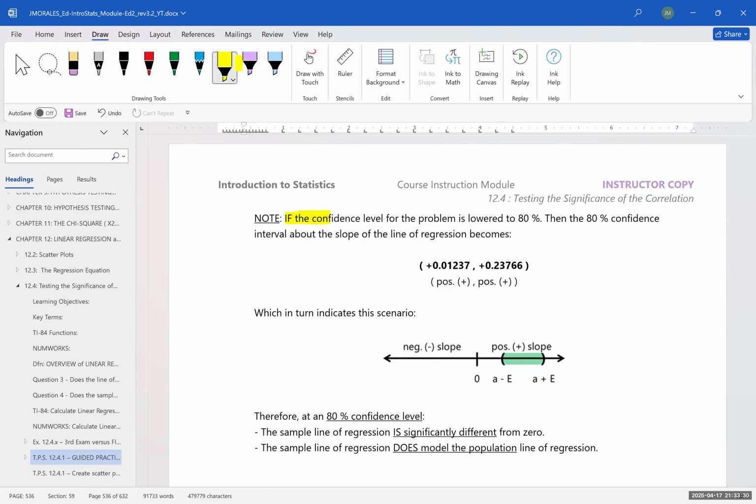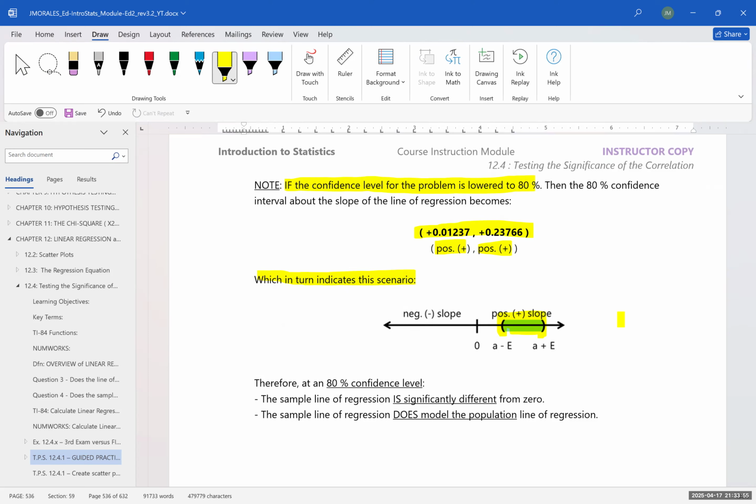Note, if the confidence level of the problem is lowered to 80%, then this is the confidence interval we get. And notice that both the lower bound and the upper bound are positive. So this indicates that we've got a positive lower bound slope and a positive upper bound slope for our interval, and 0 clearly is not within that interval.